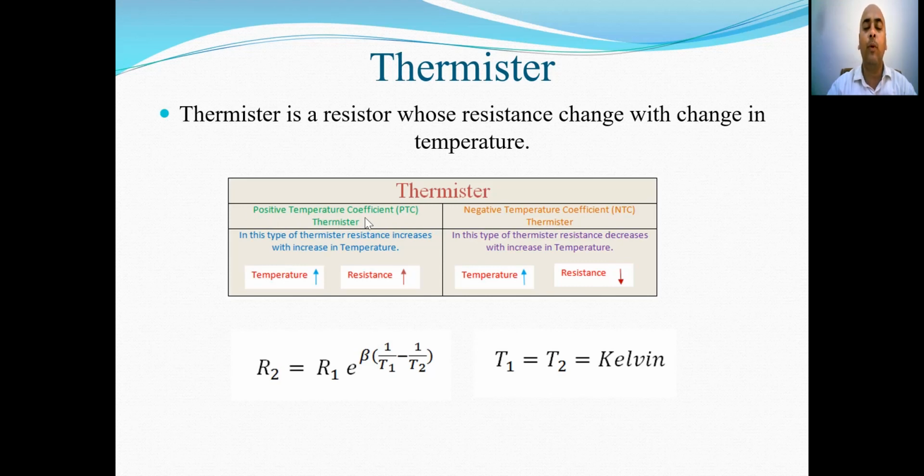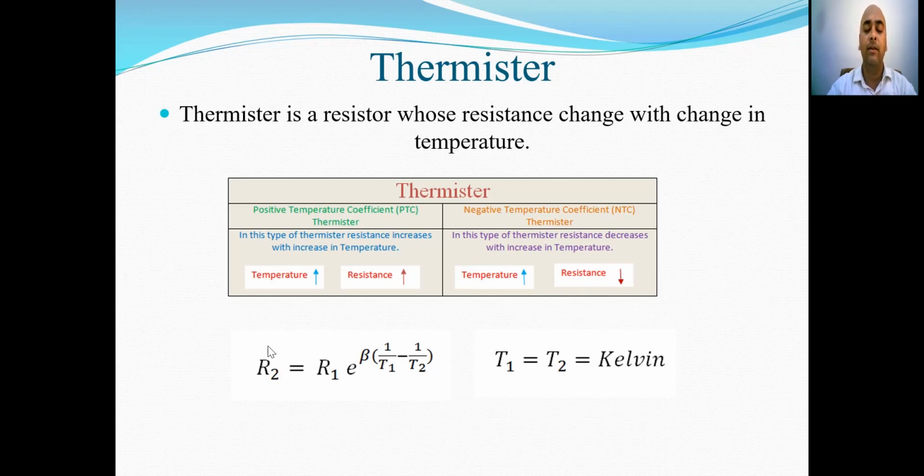In case of positive temperature coefficient thermistors, the resistance increases with increase in temperature. That is, as temperature increases, the resistance offered by the thermistor also increases. However, in negative temperature coefficient thermistor, as the temperature increases, the resistance offered by the thermistor decreases.